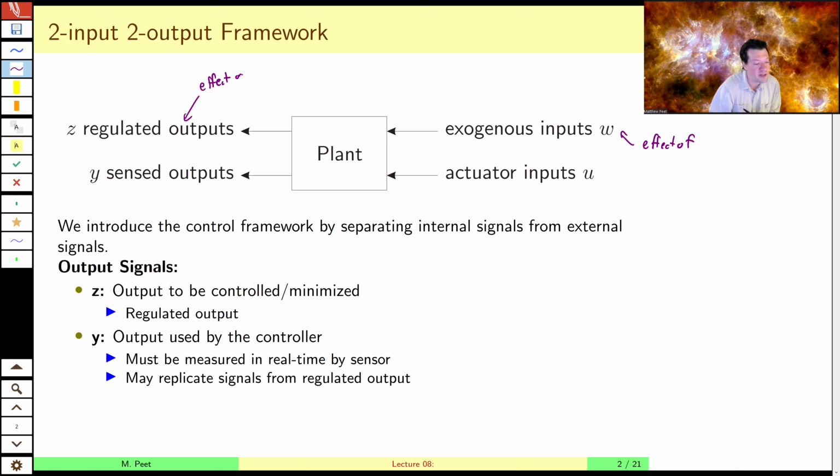And we want to differentiate those from the inputs, which are the signals from our actuators, the effect of the actuators on the plant, and the things we can measure.